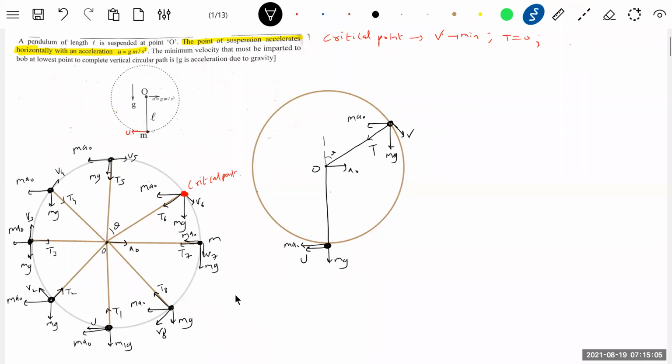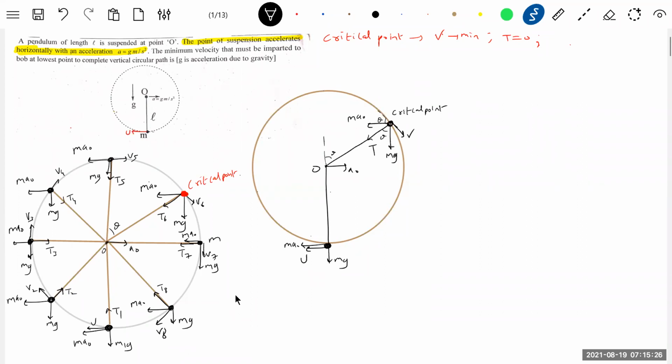Okay, let's get into the discussion here. If this is theta, this should be theta. I'll call this the critical point, and the tension will be minimum, it will become zero.